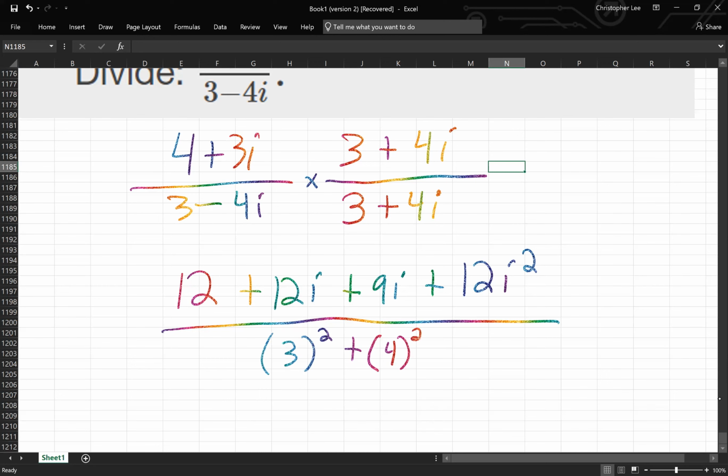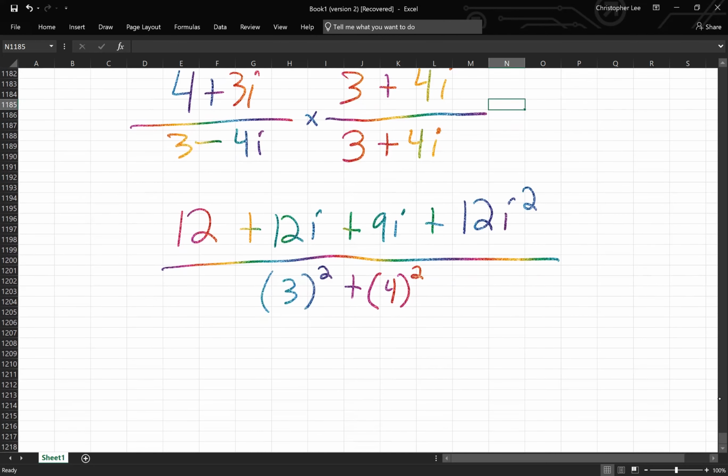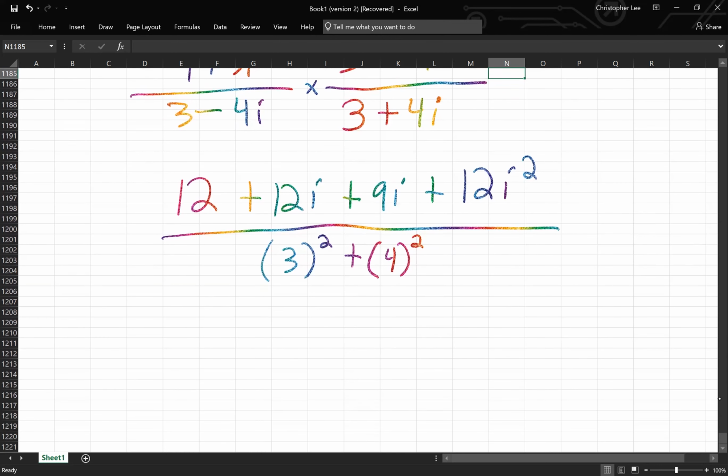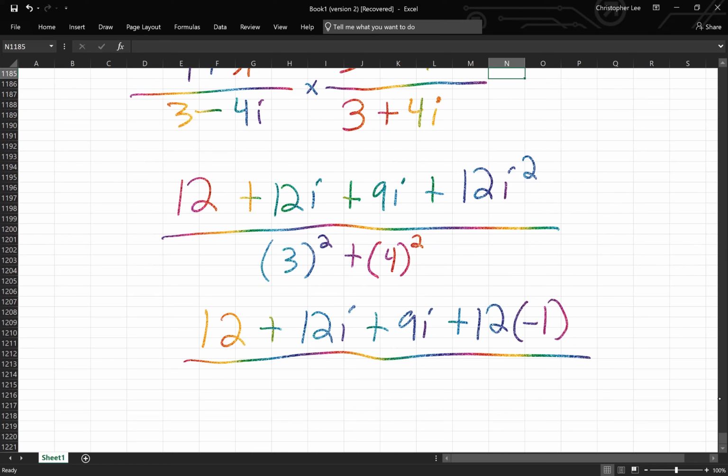Bam, we got that trick right there. Let's take care of that square at the top and combine like terms. So this is going to be 12 plus 12i plus 9i plus 12 times -1, all over 9 plus 16, something like that.